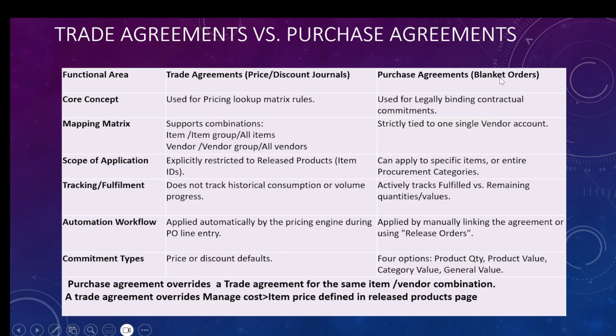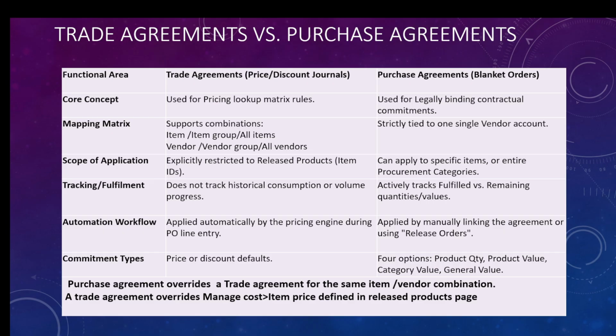So basically we will sign a blanket order with a vendor, and our customers can keep on raising purchase orders until the blanket order meets the requirement.